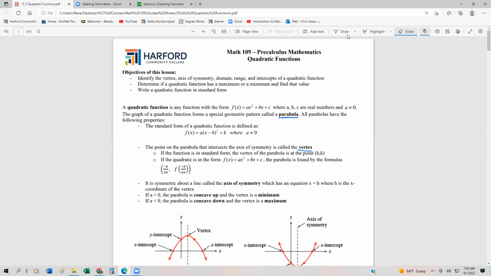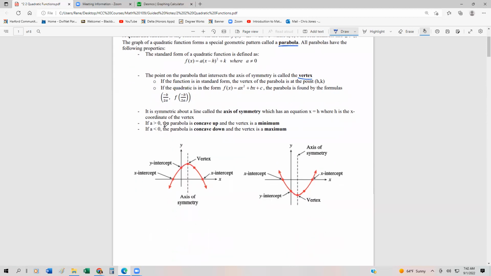And then finally, we can determine if the parabola is going to be facing up or facing down. All we're going to do is take a look at this number right here, the a. If a is greater than 0, then we say that the parabola is concave up. Concave up is going to be this diagram right here. If you could pour water into the parabola, that means it's concave up, and the vertex is a minimum.